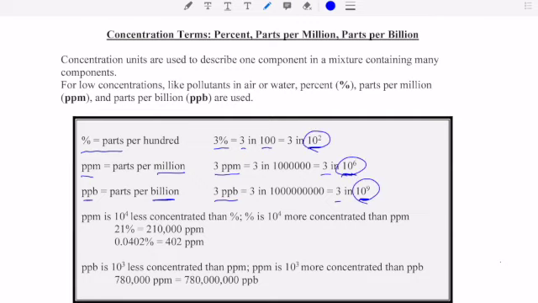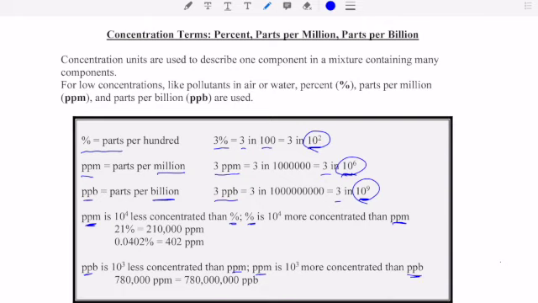Okay, so we know that parts per million works with low concentrations, and lower concentrations than percent. And then we know that parts per billion is even lower concentration than parts per million. Or you could also say that percent is more concentrated than parts per million, or parts per million is more concentrated than parts per billion.